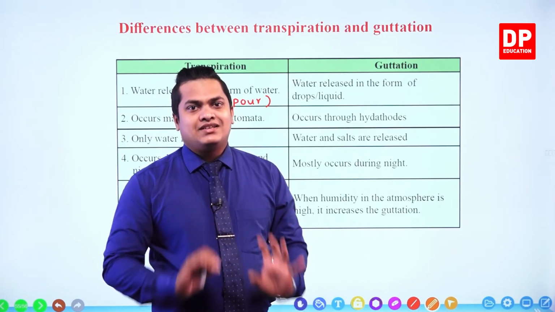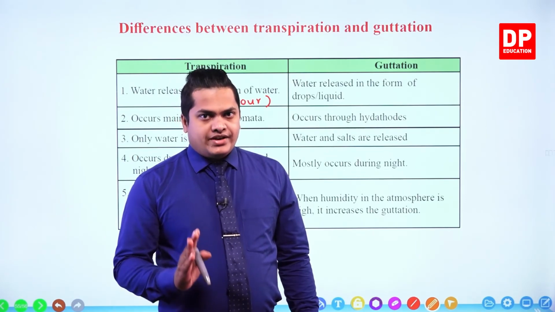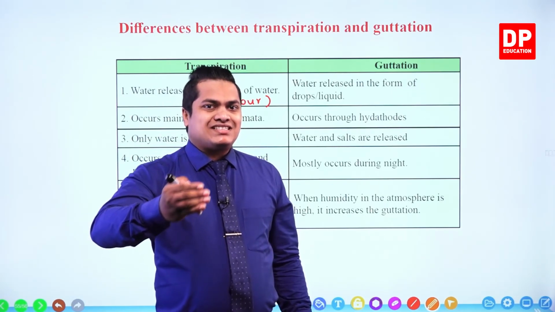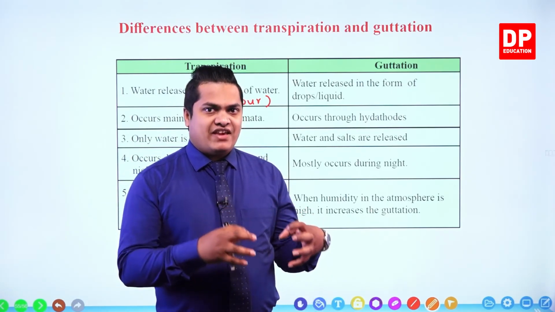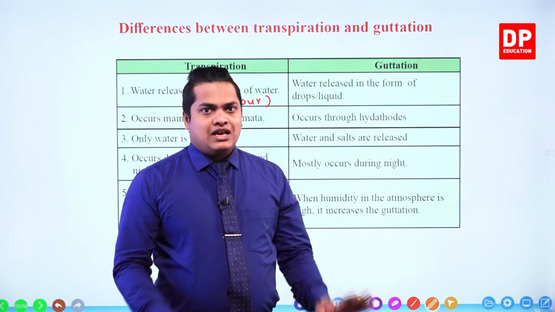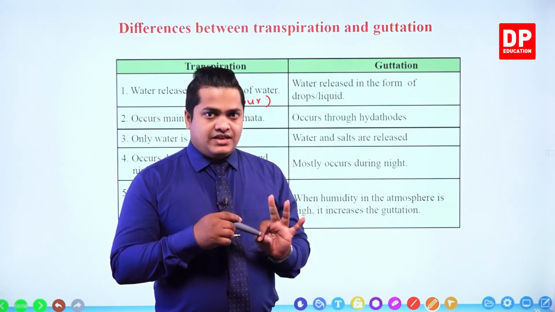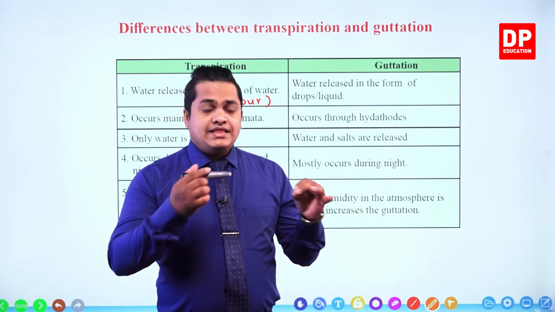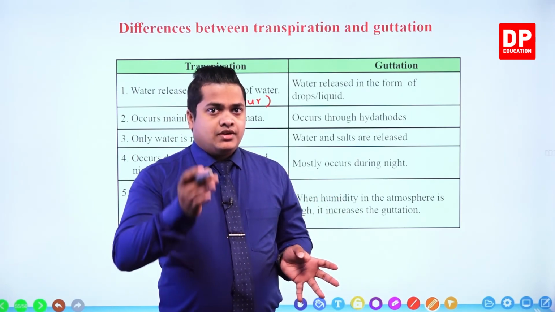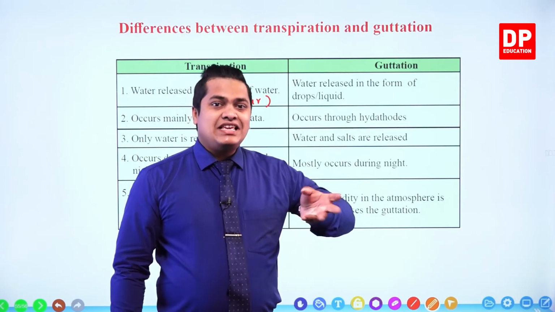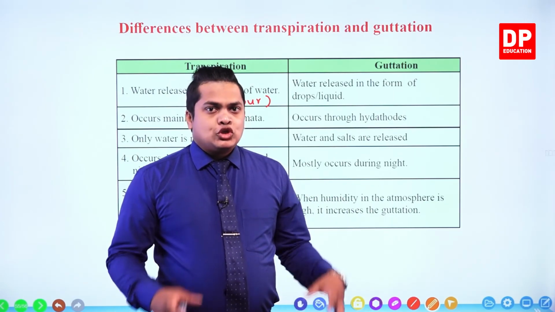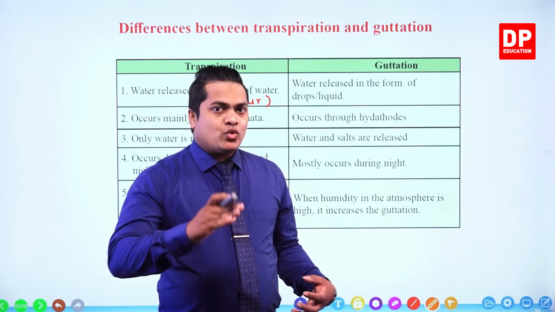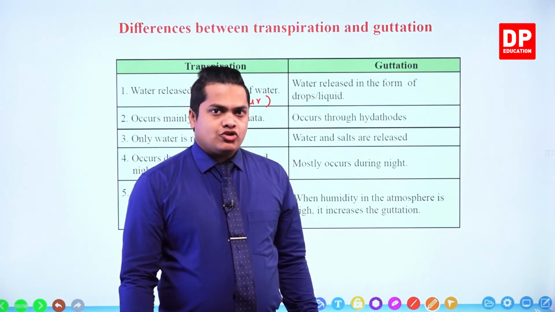So, my dear children, rate of transpiration is going to increase in a sunny day because of having favorable factors like the heat, windy nature and high intensity of light. In that kind of situation, the humidity is less in the environment, so less humidity is going to increase the rate of transpiration.